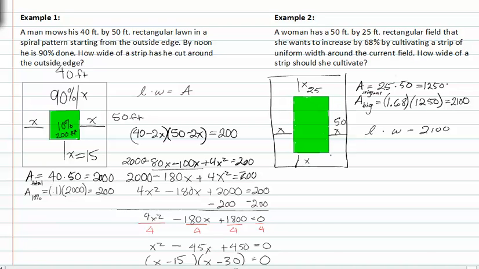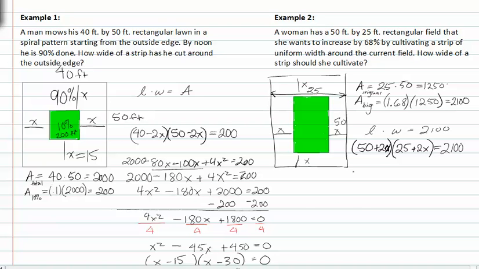So we need to take 50 and add 2x to it to define a little more room here. 50 plus 2x would define this dimension, and 25 plus 2x would define this dimension. We know that's equal to the total new area, that's the larger area of 2,100 square feet.